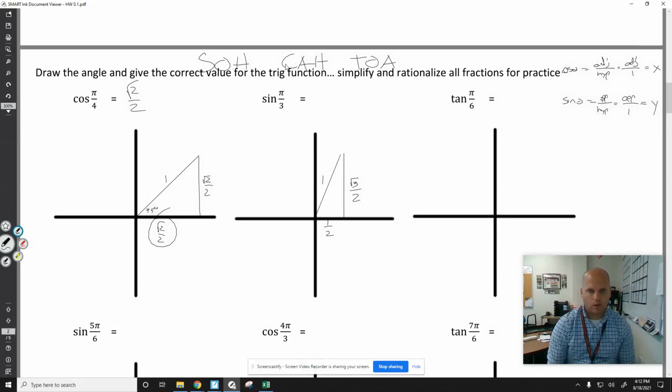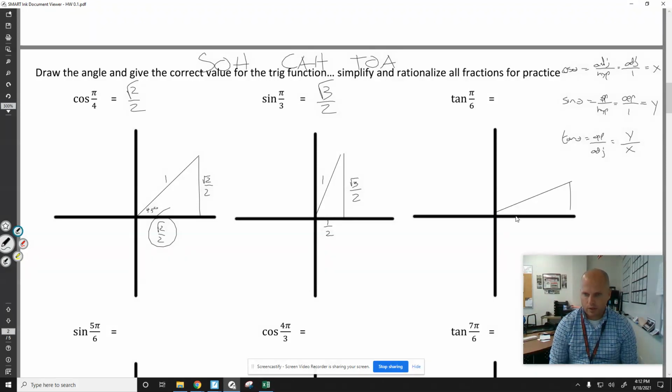Okay, so sine, opposite, y distance, root 3 over 2. Tangent is opposite over adjacent, neither of which are always going to be 1, but will always be the vertical distance divided by the horizontal distance.